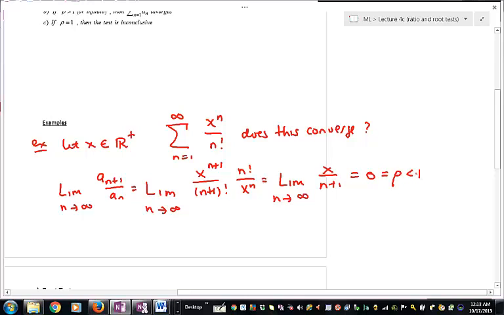It's less than 1. Therefore, by the ratio test, this converges. The series will converge.